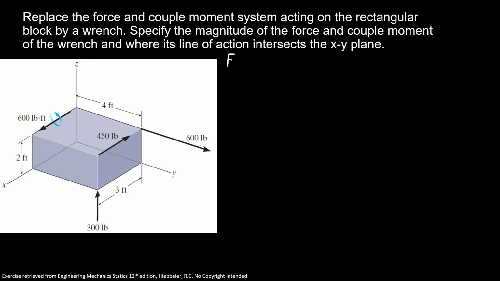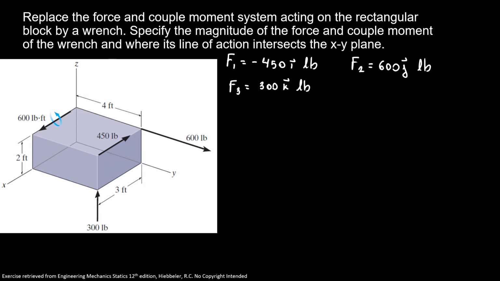So first, I identify the forces we're gonna use. I'm gonna call F1 the force minus 450 in the direction I, and the units pounds. F2 our 600 J pounds, and our F3 is gonna be 300 K pounds.